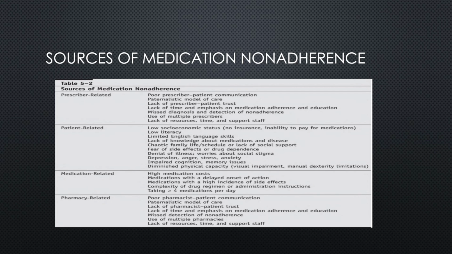So, kind of the same thing between the prescriber and the pharmacy, that can overlap with each other. Use of multiple pharmacies. This is a big one because they have to remember to go to a bunch of different pharmacies to get their medication. That's why it's really important that we try to send our patients to only one location so they don't have to do that. And of course, a lack of resources, time, and support staff.